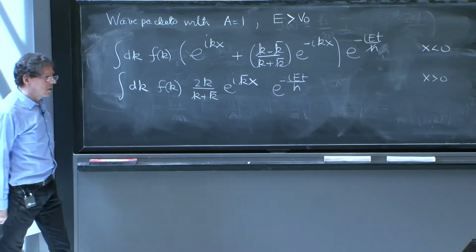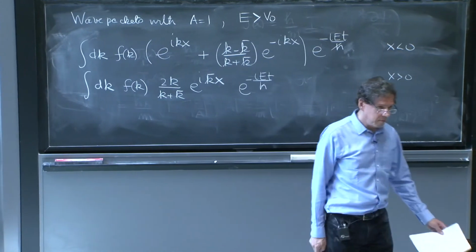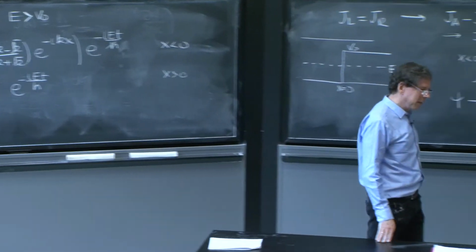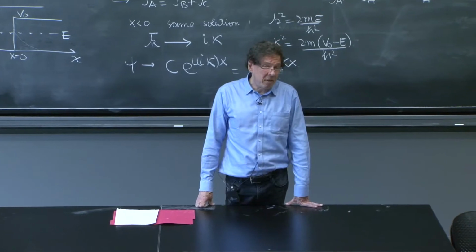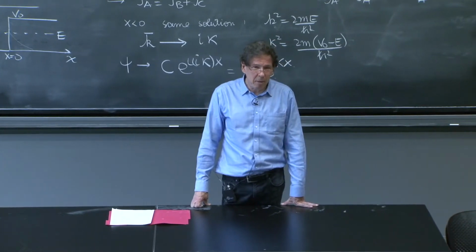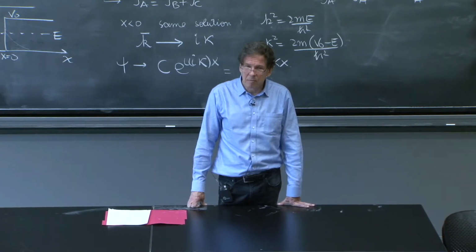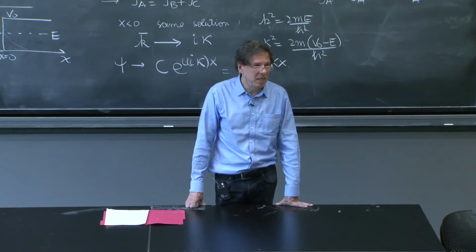Now I want to ask you what limits I should use for that integral, and if anybody has an opinion on that. It might naively be minus infinity to infinity, and that might be good, but maybe it's not so good. Why is it not so good, minus infinity to infinity?